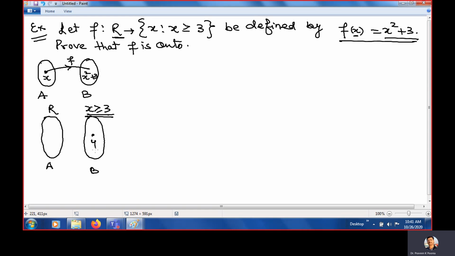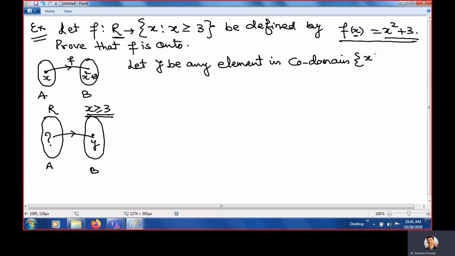And here we are choosing one element y, and we will try to find a corresponding number in set A. Clear? So how will we start? Let y be any element in codomain. And what is the codomain? The set of x such that x is greater than or equal to 3.